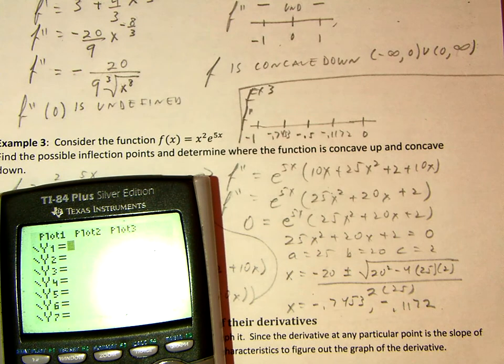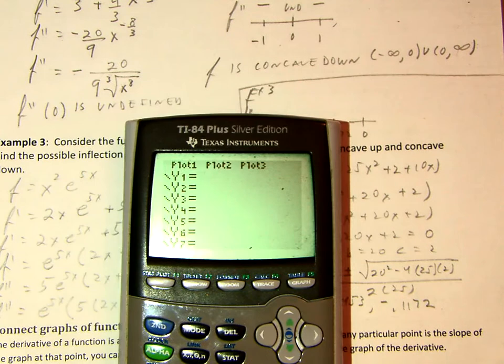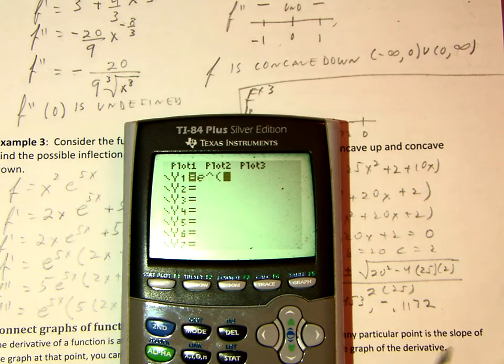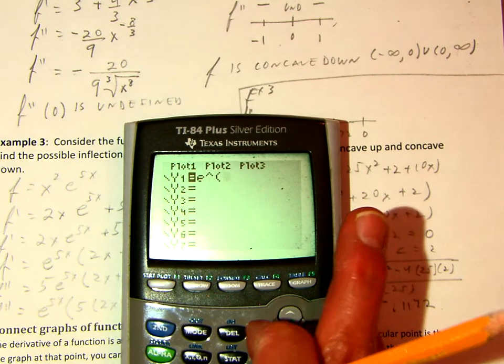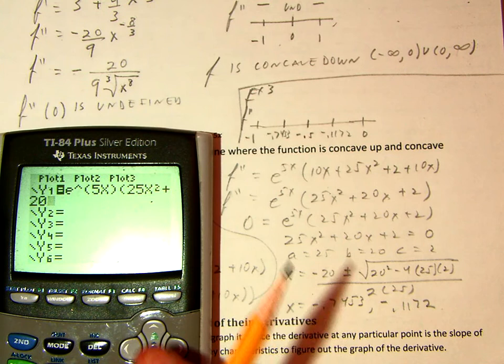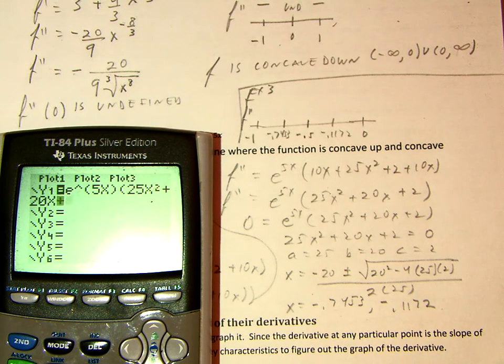So we want to go ahead and put in the second derivative, which gives us e to the 5x times 25x squared plus 20x plus 2, and we can go ahead and use the table.